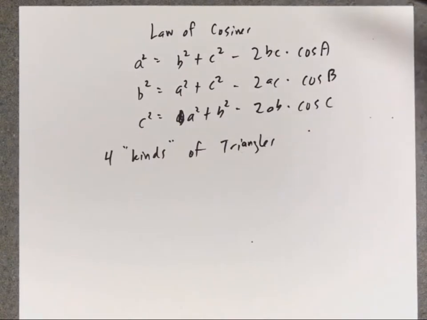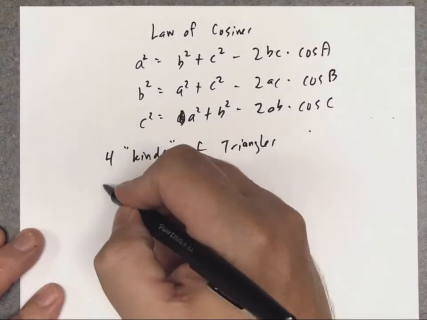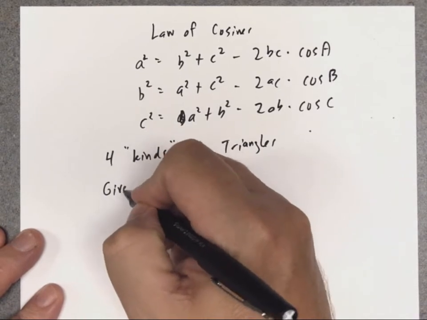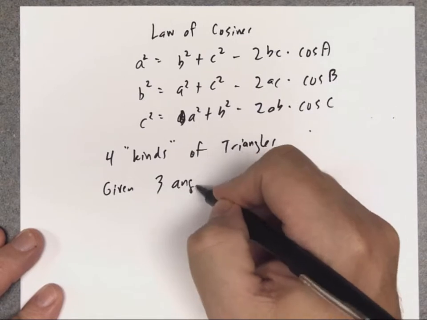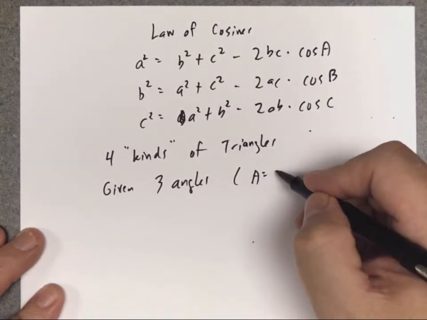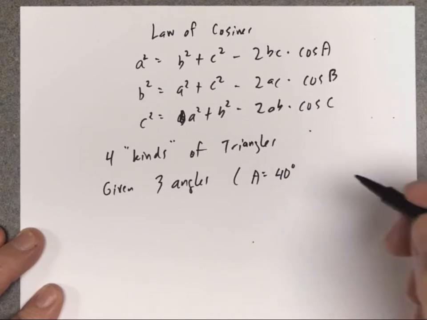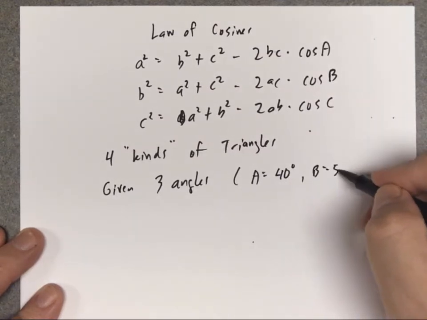Let's just take a minute and look at the exception. Say you're given three angles. Say angle A is 40 degrees, angle B is 50 degrees.